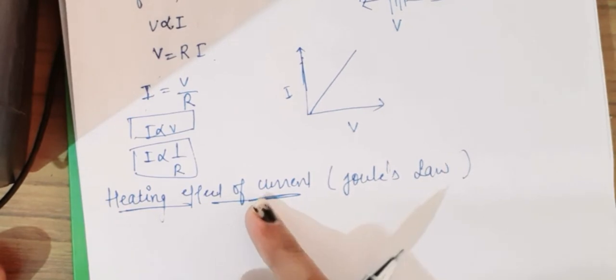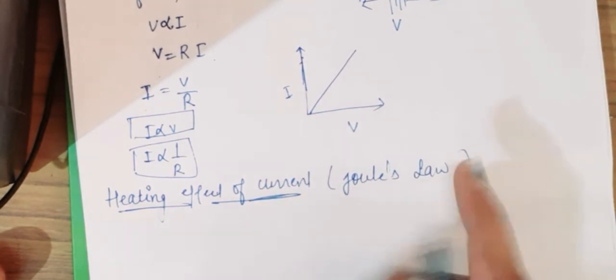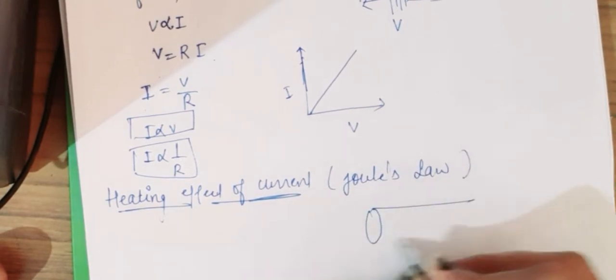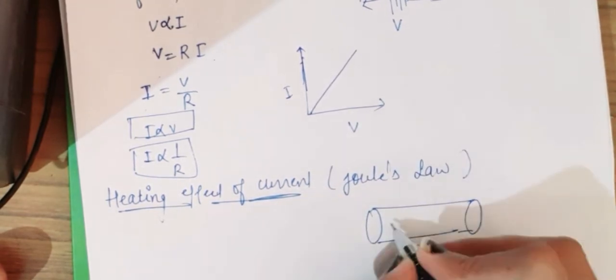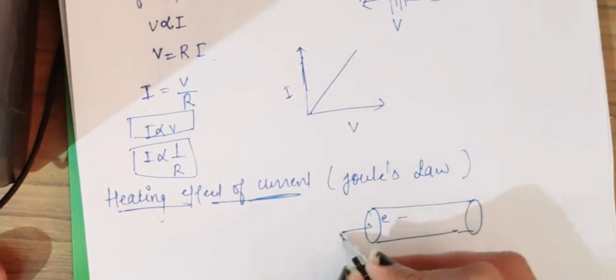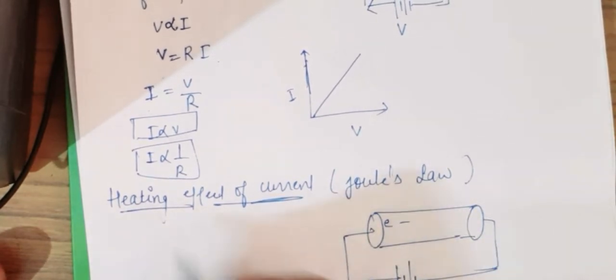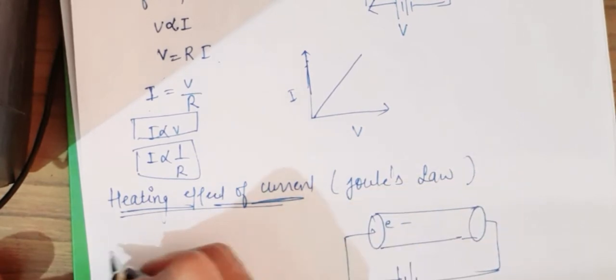According to Joule's law of heating effect, heat is produced when current is passed through a conductor. This is the heating effect.